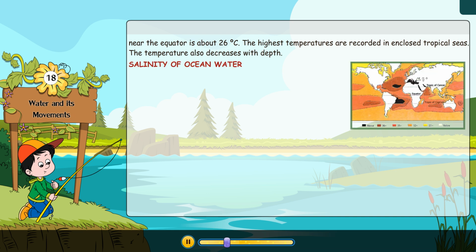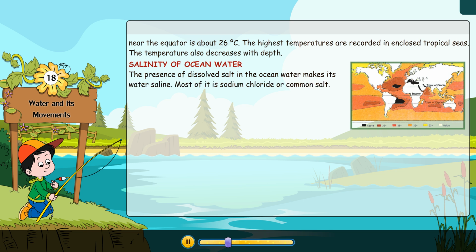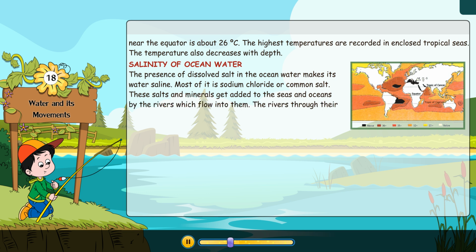Salinity of ocean water. The presence of dissolved salt in the ocean water makes its water saline. Most of it is sodium chloride or common salt. These salts and minerals get added to the seas and oceans by the rivers which flow into them.